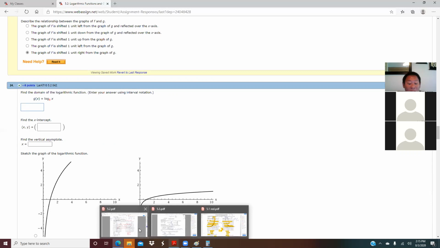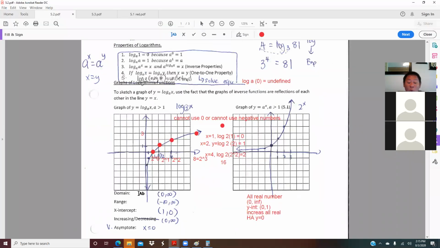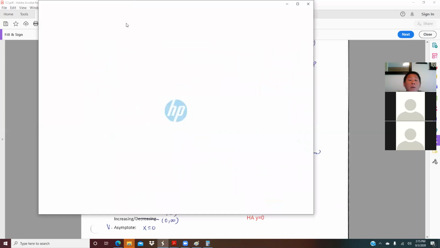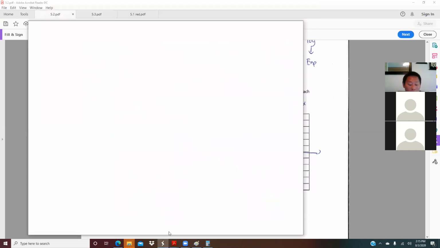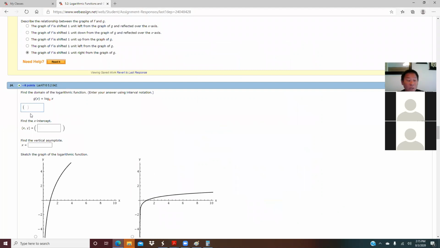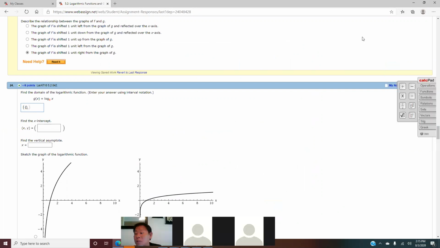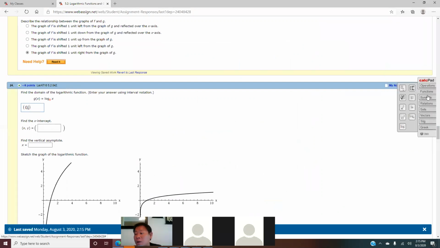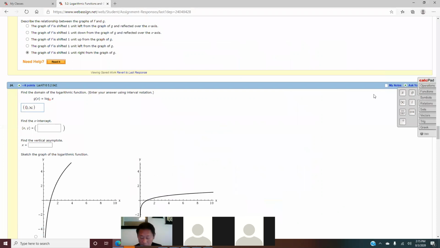It's going to be the same as this. The domain is going to go from 0 to infinity. Yep, 0 to infinity will be the correct answer here. So 0 is not included. Don't put brackets here. And then where's my infinity symbol? So no brackets here. If you notice carefully, if you put a bracket, they will mark you wrong. Okay, so 0 to infinity.